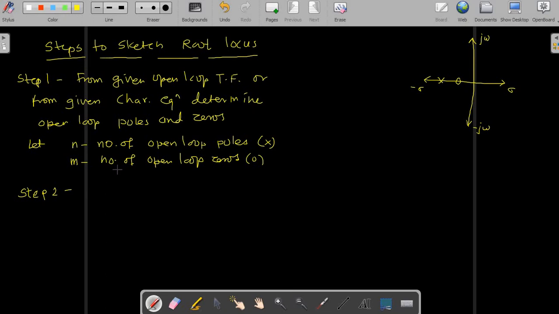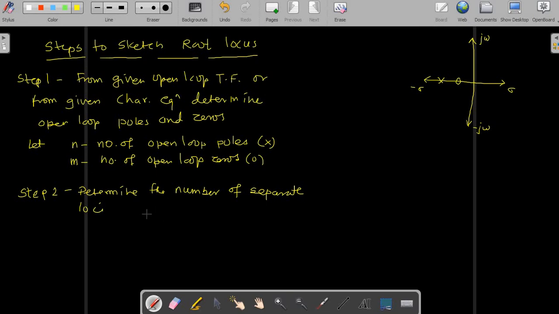Okay. Now the next point is to determine the number of separate loci, right?